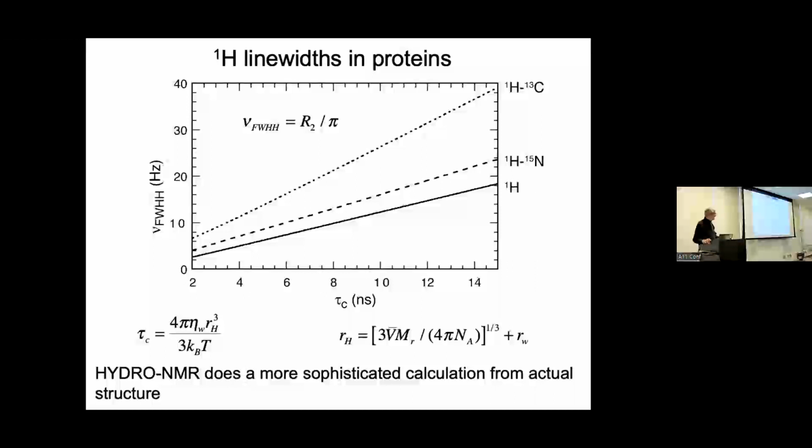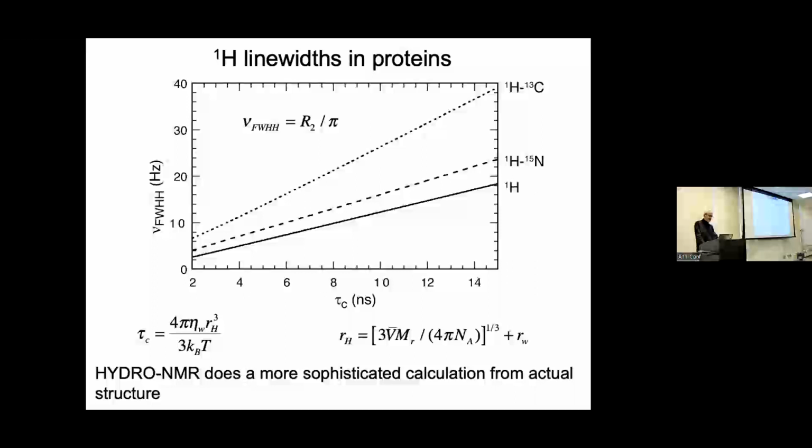One can estimate the tumbling time essentially from the mass for globular proteins. And then there's a program called Hydro that will do quite accurate calculations of the overall tumbling if you have a PDB file. And of course, one of the main parameters that comes out of NMR relaxation studies is the tumbling time. So one can go both ways.